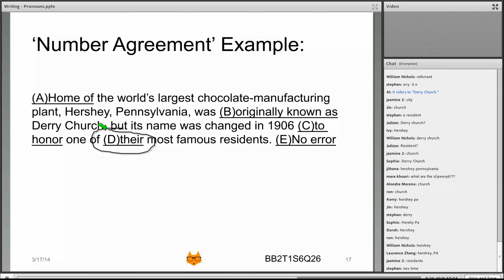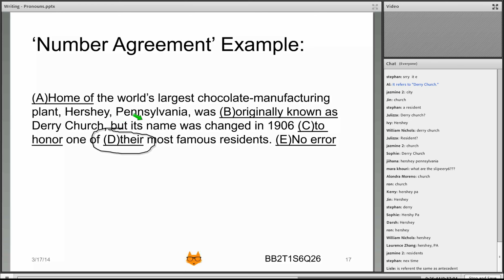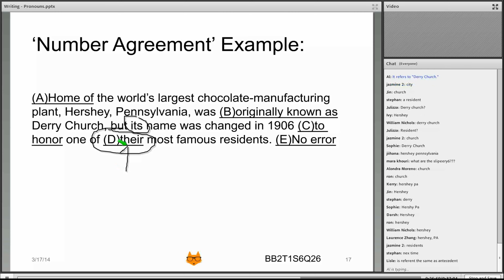So this "its," here's a clue, right? Its name was changed. So it says Hershey was known as Derry Church, but its name was changed to honor one of, and then this should refer back to the same thing. So Hershey, Pennsylvania is the referent of "its."